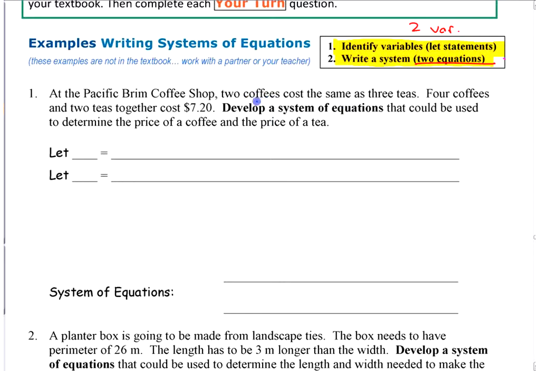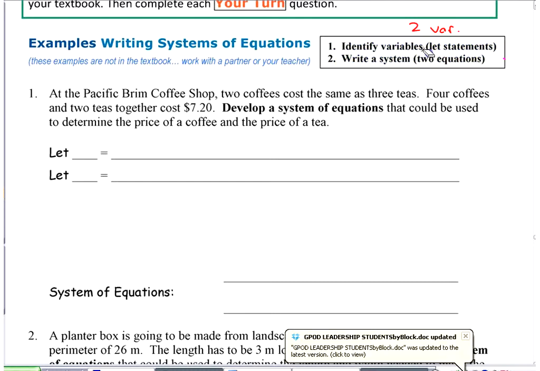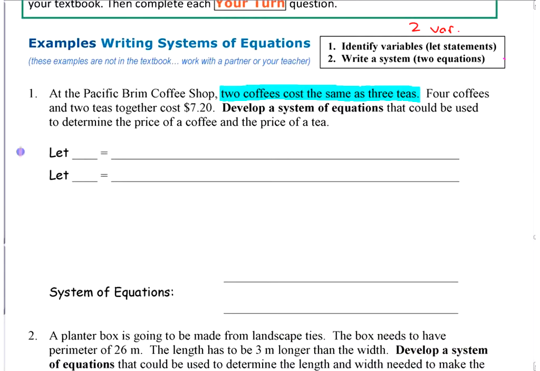And this situation gives you a couple different pieces of information here, right? Here's one of them. Again, if you want a strategy to use, one strategy would be to underline or highlight. There's one piece of information that you know that relates the two unknown quantities. What are the unknown quantities, first of all, in this situation, if you've read the first problem? What are the unknowns?